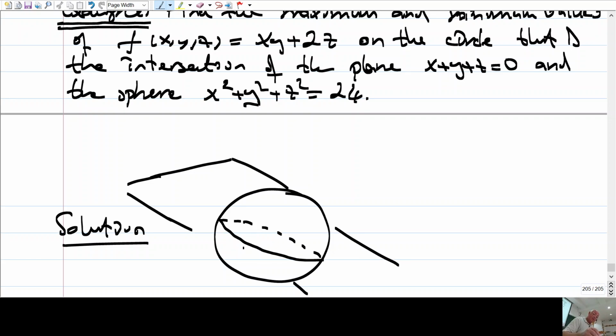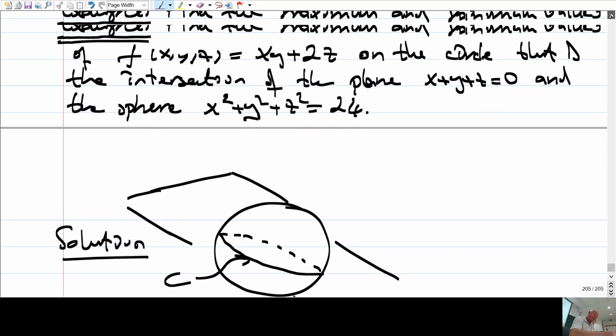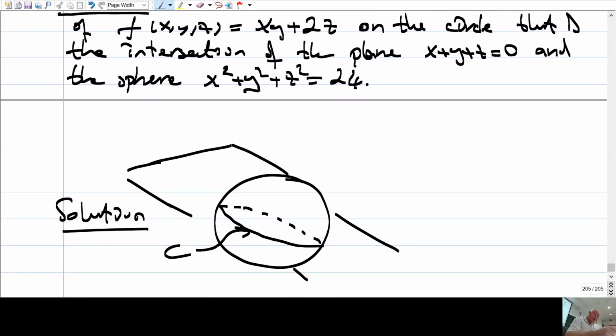Okay, let's call this circle C. And we would like to find the maximum and minimum values of which function? Of f of x, y, z, which is x times y plus 2z on this circle. So there will be points like this. One of them will be here. Let's say one of them will be here. Atıyorum yani.